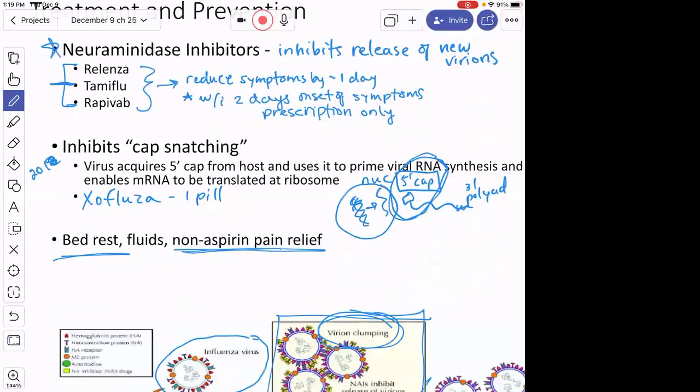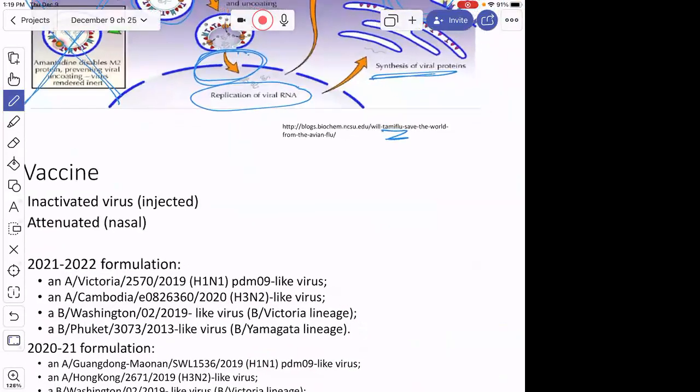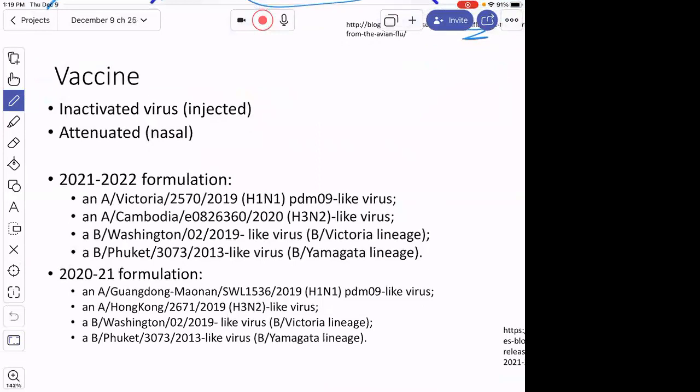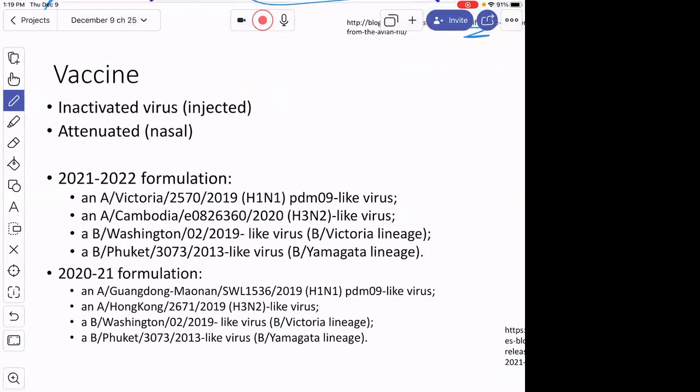And prevention, we do have a vaccine, it's not great. We have a really robust surveillance system as to what strains of virus are circulating. There's a committee that meets in Silver Springs, Maryland every March, and they decide what the strains are that are circulating.